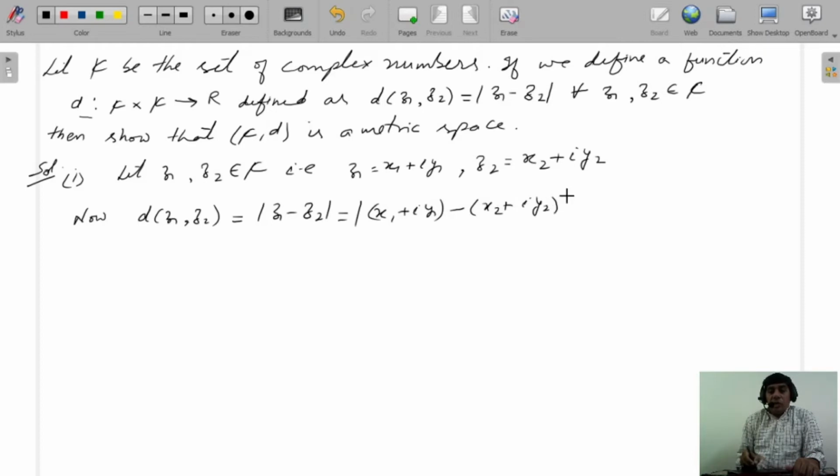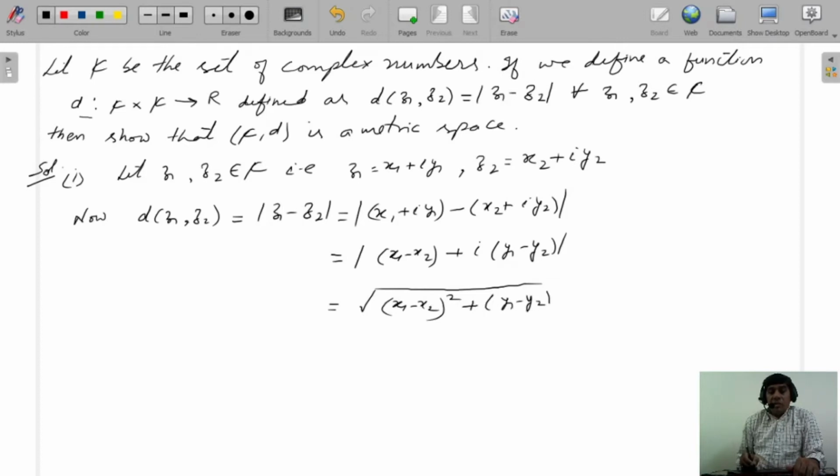We have to put the value of z1 and z2, which is equal to modulus of (x1 minus x2) plus iota (y1 minus y2), which is equal to under root (x1 minus x2) whole square plus (y1 minus y2) whole square.